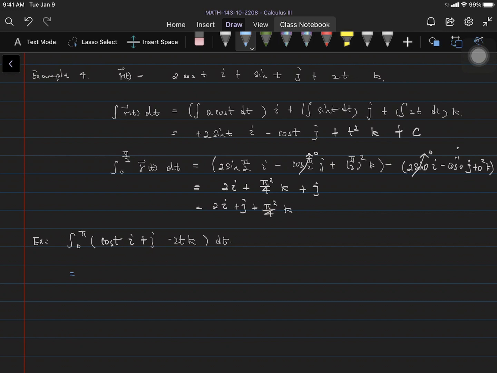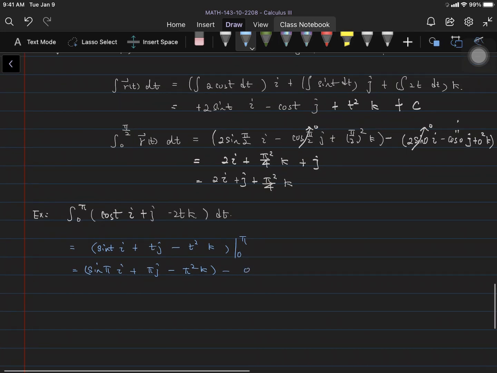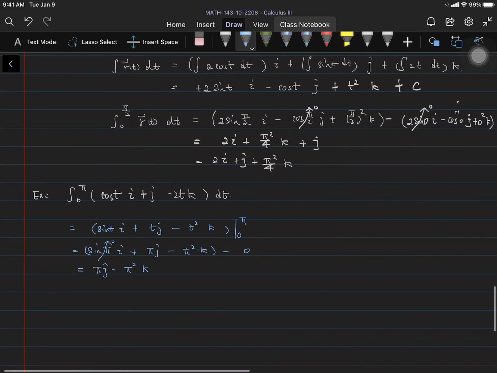Take the integral of each term, then plug in from 0 to pi. Actually, when we plug in 0 to any term, they are just 0. So the final answer is just pi j minus pi squared k. You can check this answer.